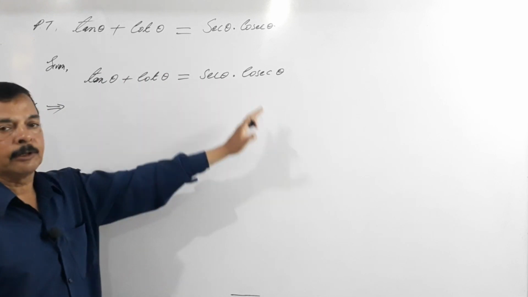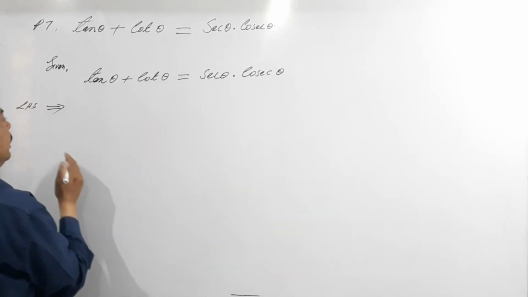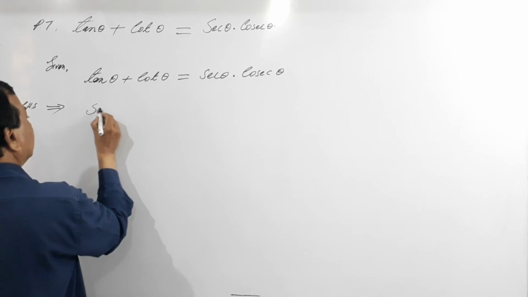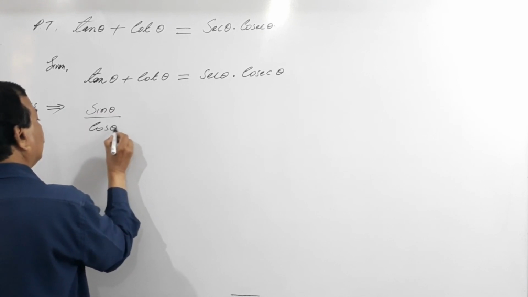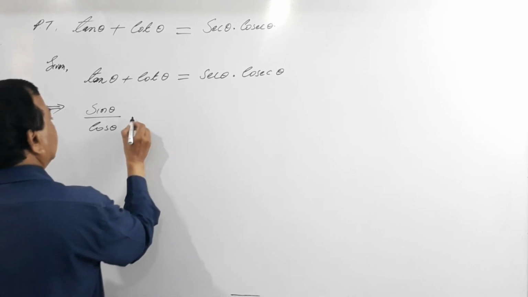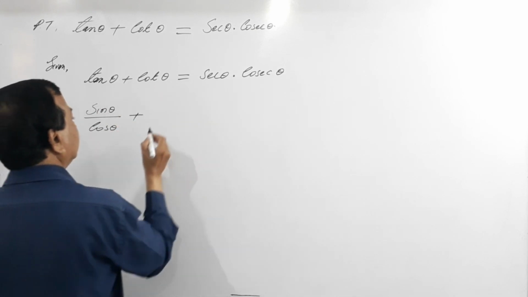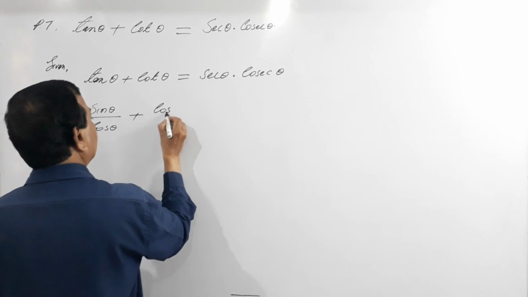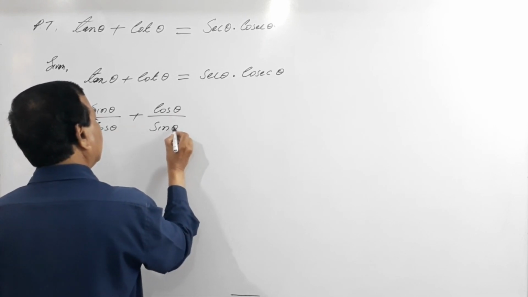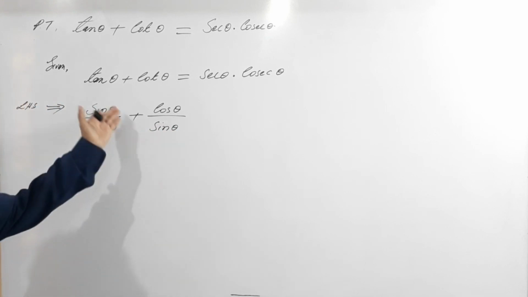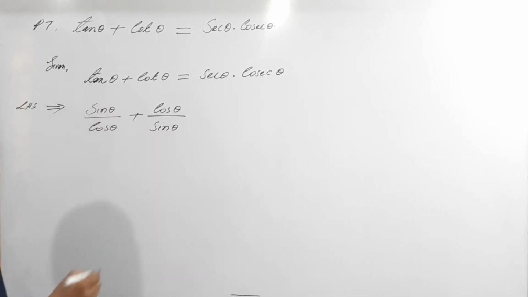Whatever answer we get, that is equal to right hand side. So tan theta क्या होता है? That is sin theta by cos theta plus what is cot theta? That is cos theta by sin theta, reciprocal, बन गया. अब एलसीएम ले लो.